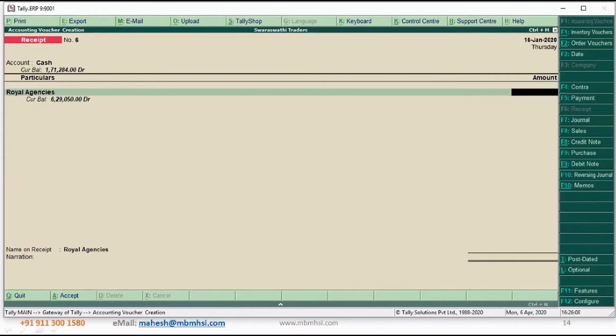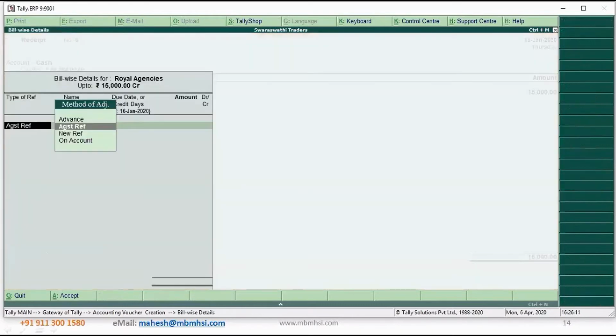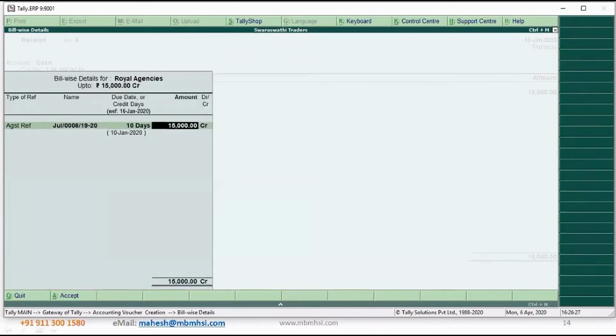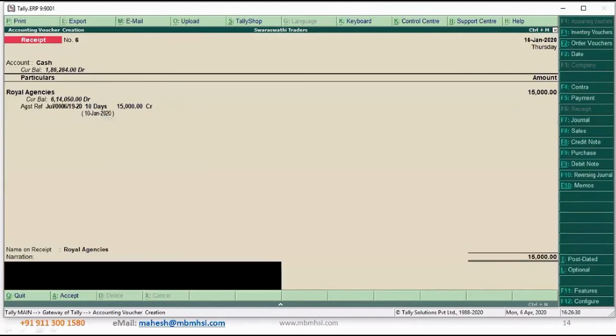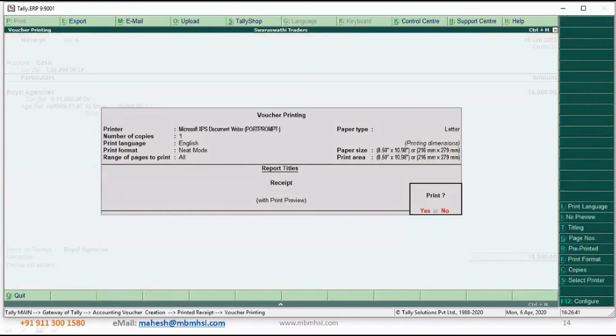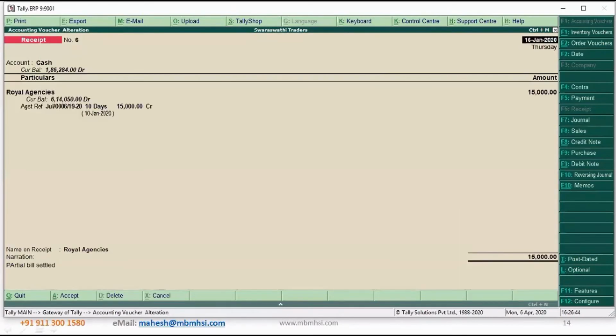So he has paid us 15,000 rupees against the 45,000 rupee bill which was pending. I'm taking this on 31st March. 45,000 plus tax was billed, 53,100. Against this, I'm receiving 15,000 rupees. Partial receipt. So I made this receipt against the sale invoice we generated.